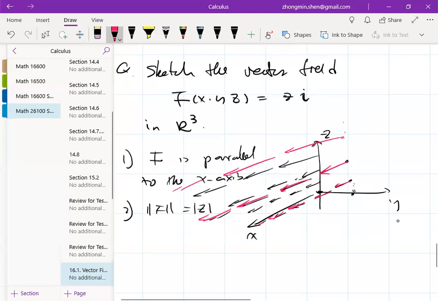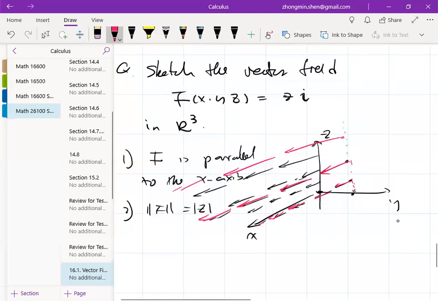Okay, along this line. This is the line perpendicular to the y-axis. So I have 2 layers. Imagine I have 2 planes perpendicular to the y-axis. Okay, and on these 2 parallel planes, the vector fields look the same.